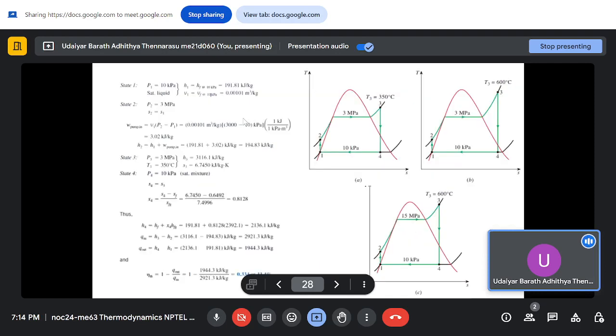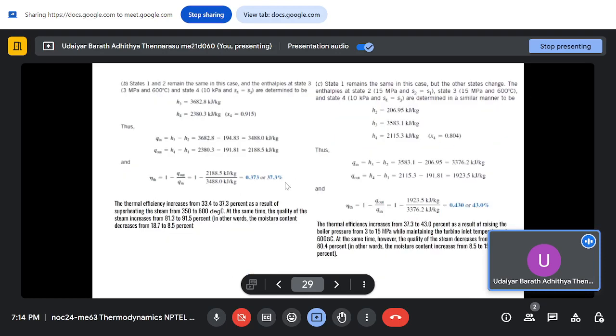See, previously your dryness fraction was 0.8128. By increasing the superheat, you have increased the dryness fraction to 0.915. In this case, your heat rejection is 2188.5 kilojoule per kg. Again, if you calculate thermal efficiency, you are getting 37.3%.